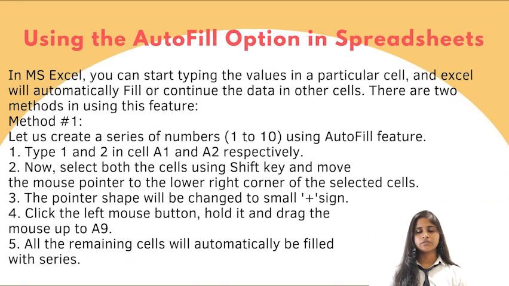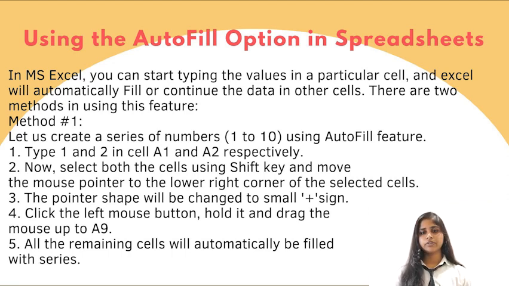Now coming to the next one, using the autofill option in spreadsheets. In MS Excel, you can start typing values in a particular cell, and Excel will automatically fill or continue the data in other cells. There are two methods which you can follow for doing this. First, let us create a series of numbers from 1 to 10 using the autofill feature.